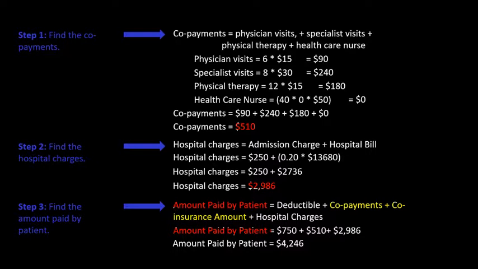So again, number 1, make sure you include the deductible when you add everything up. Don't forget it just because it's not included. Don't forget to use the table for every single thing you see in the prompt. So just because something's written, if it mentions a healthcare nurse costing $50 a visit, doesn't mean you just calculate up the cost of that right away.